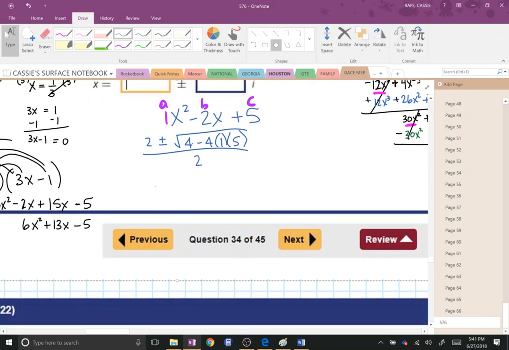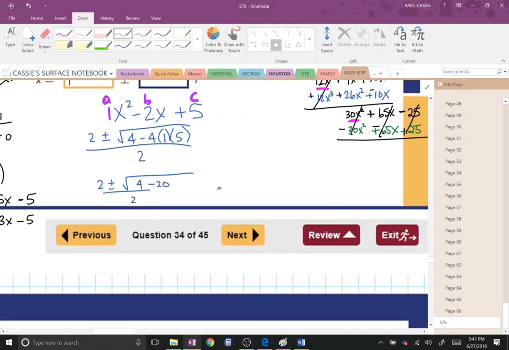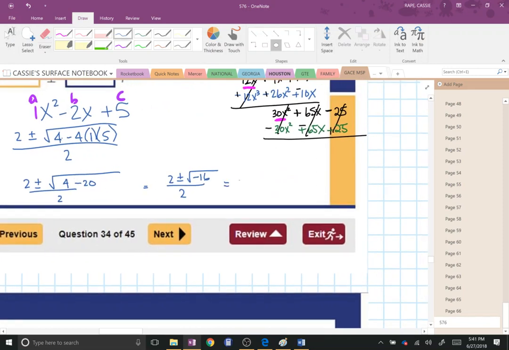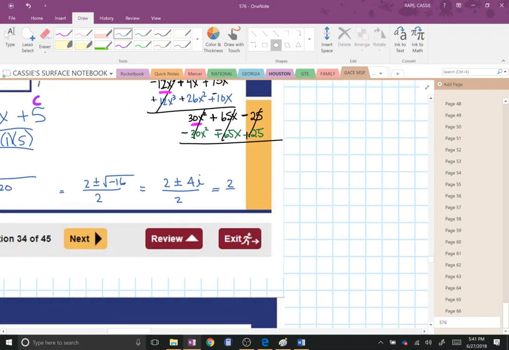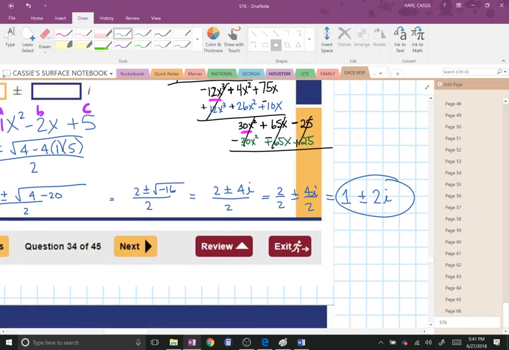All right, so that's going to give you 2 plus or minus the square root of 4 minus 20 over 2, which is going to give you 2 plus or minus the square root of negative 16 over 2, which is going to be equal to 2 plus or minus 4i all over 2, which means you've got 1 plus or minus 2i as your answer.